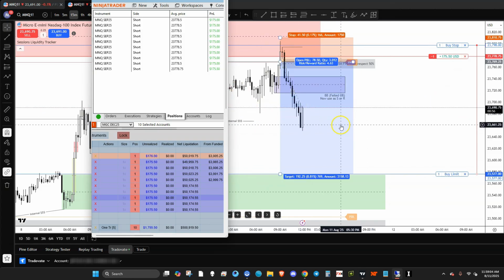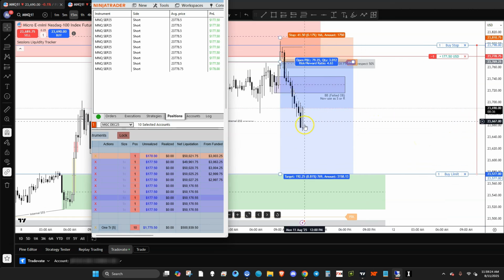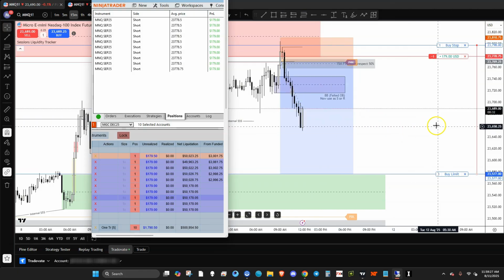So the market's just gonna mess around. To be honest, really not gonna do anything. So at this point, I'm probably just gonna close it all and just wait for tomorrow. Tomorrow's gonna be a new day. We're just gonna wait to get a little bit more profit, see if the next candle goes down a little bit.